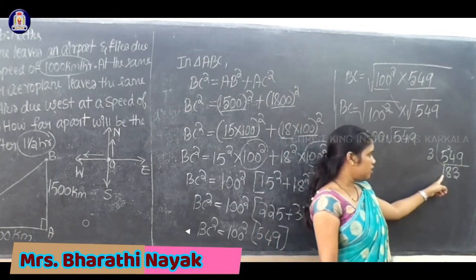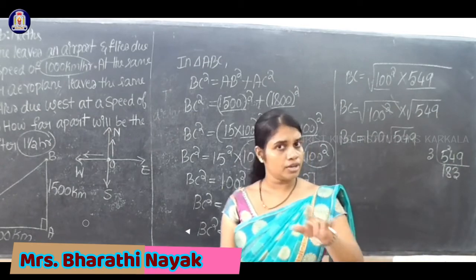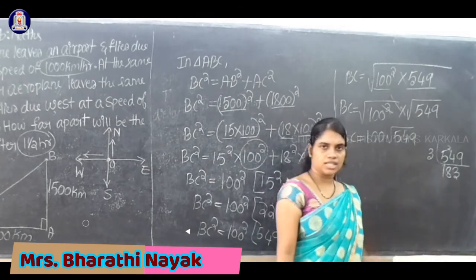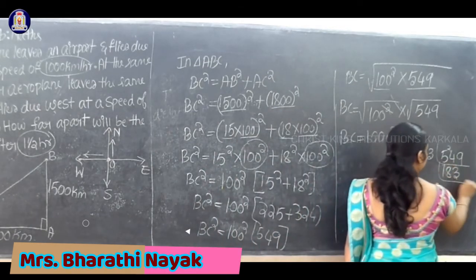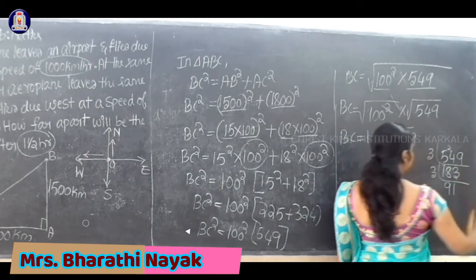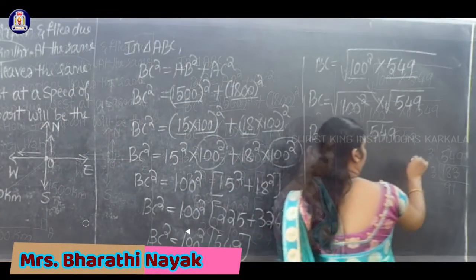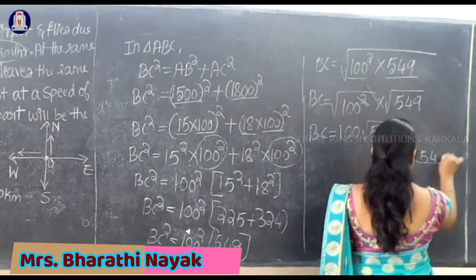Okay. So next once again, 3 how much are 18? 3 6s are 18, 3 1s are 3, right? Okay. Next 549, so I divide.